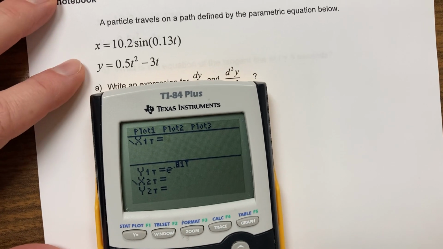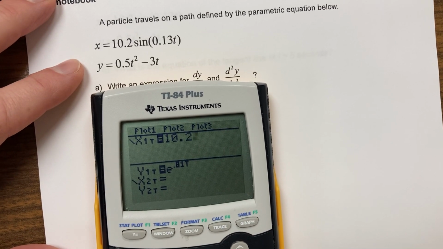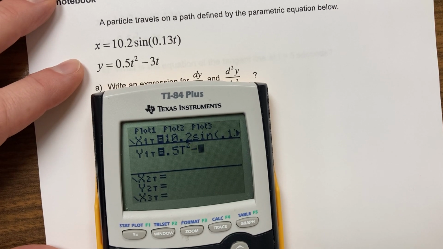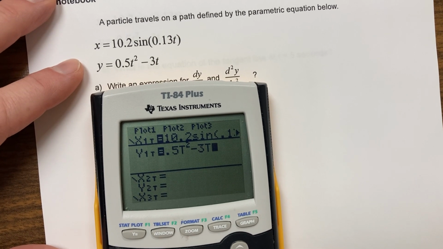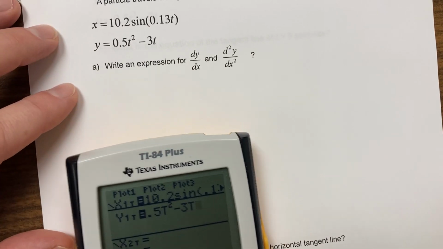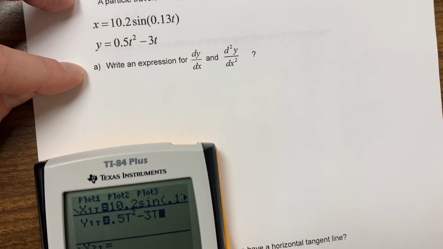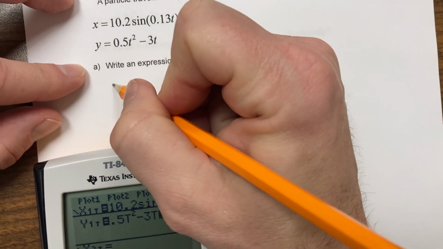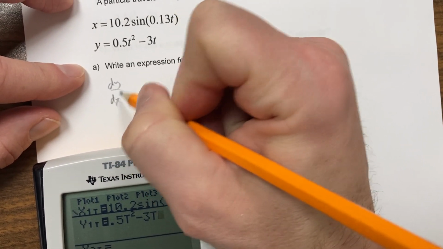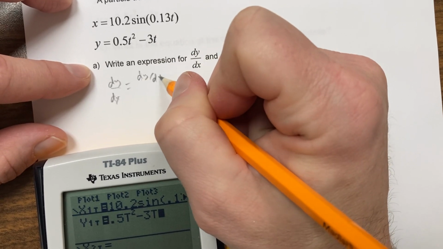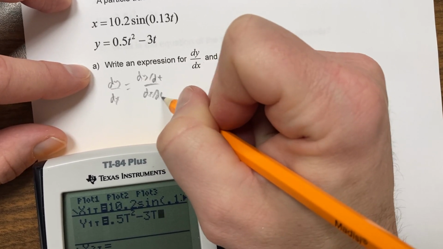All right, so let's switch up our expression and we'll do a couple more things here. So we're gonna put this one in 10.2 sine of 0.13x, and we'll put in 0.5x squared minus 3x. All right, and so first part A says write an expression for dy dx and the second derivative. So we'll start with the first derivative, that's easy enough. Dy dx is equal to dy dt over dx dt.